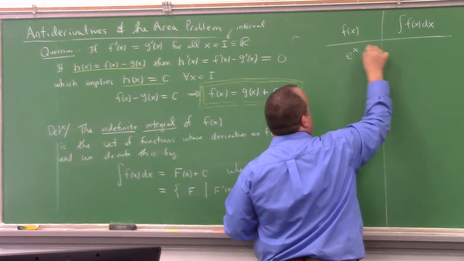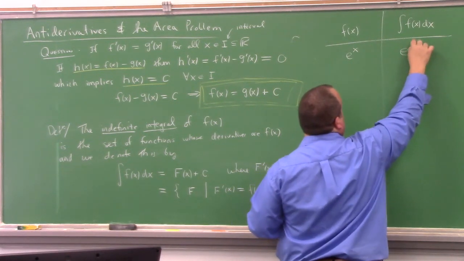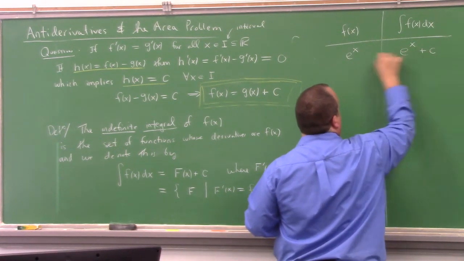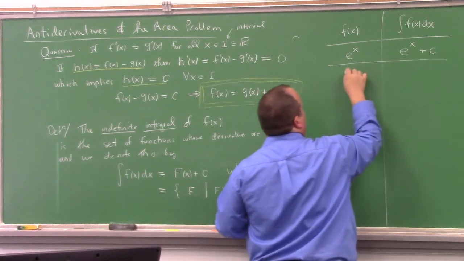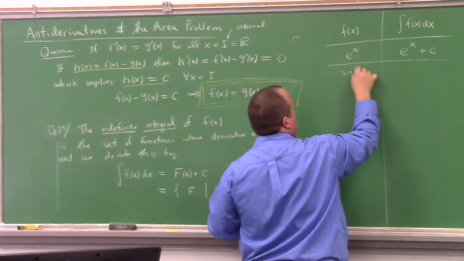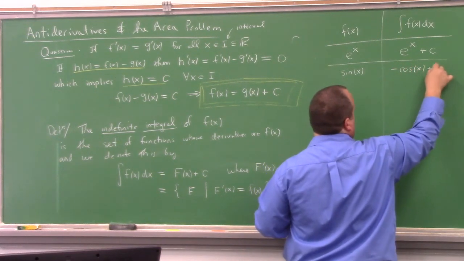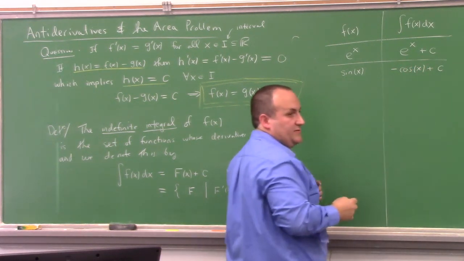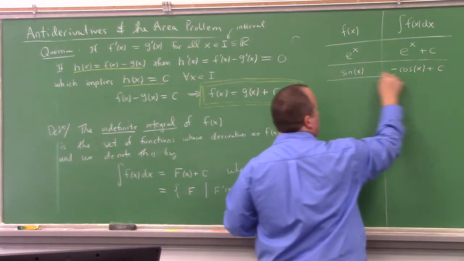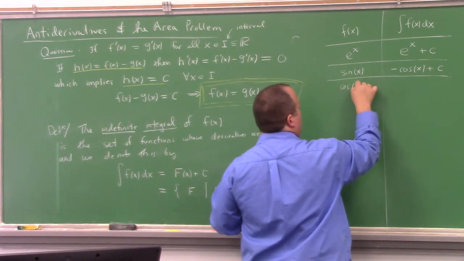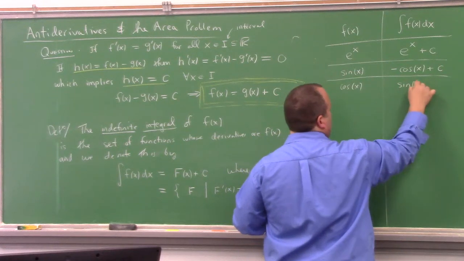That one's fun. The indefinite integral is just e to the x plus a constant. Sine of x is minus cosine of x plus c. That's the indefinite integral of that. Cosine of x is sine of x plus a constant.